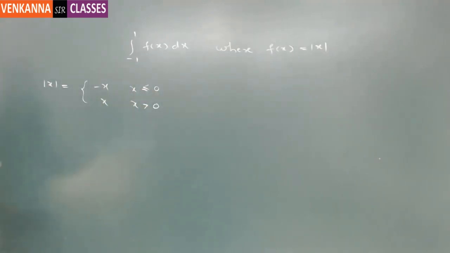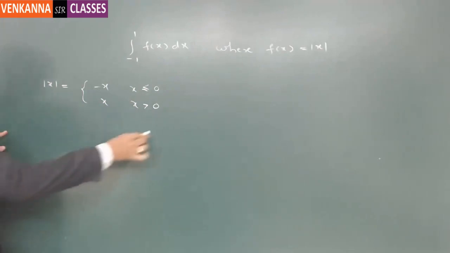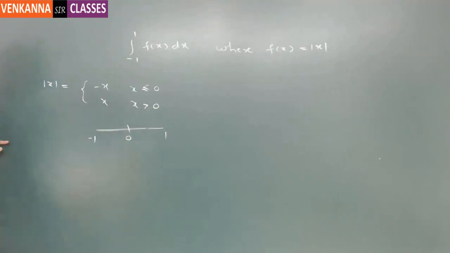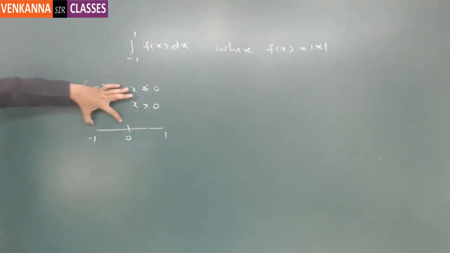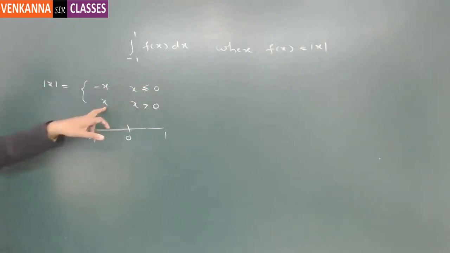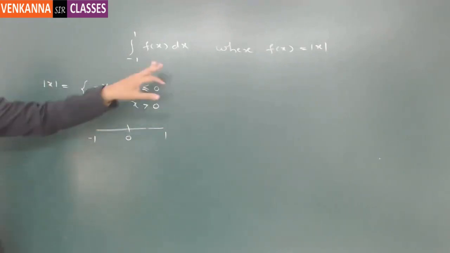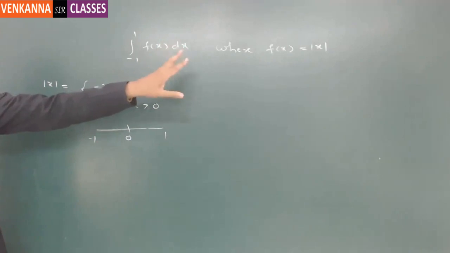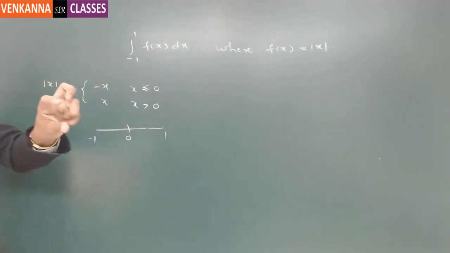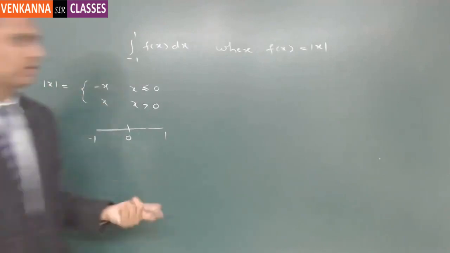Now what happens while taking the partition on the interval -1 to 1 at the point 0: in this segment the function is minus x, in this segment the function is x. If the function's rule does not change over the entire interval, we simply divide the interval into n parts.